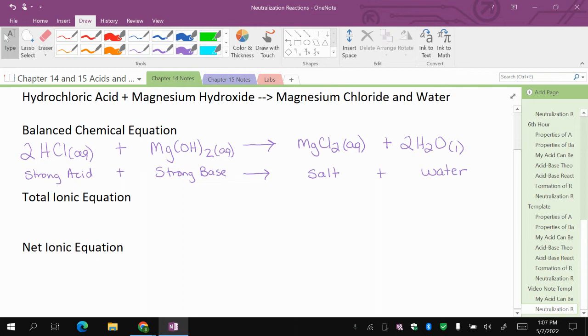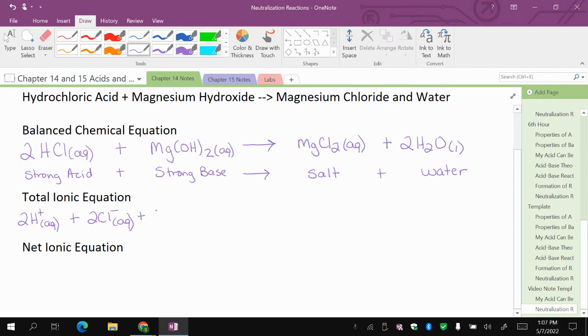What we want to do now is write the total ionic equation. We want to show all the ions that are in solution so that we can identify our spectators and then look at what is actually taking place in this reaction. So hydrochloric acid is hydrogen ions, and there's 2 of them because of that coefficient in the front, and chloride ions in solution, and that 2 also goes with the chloride ions.